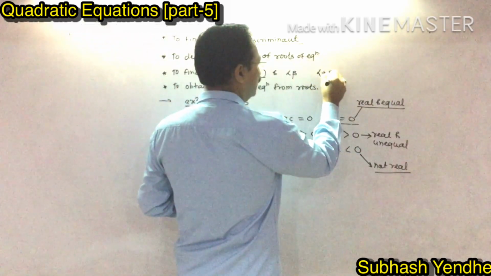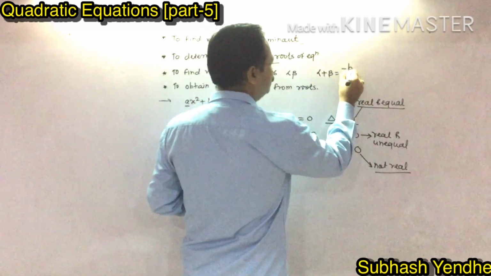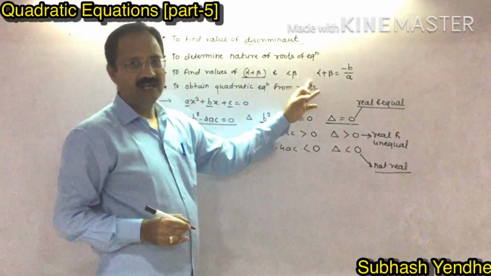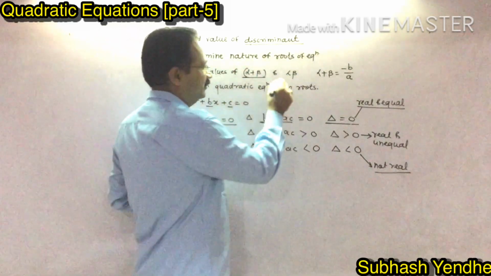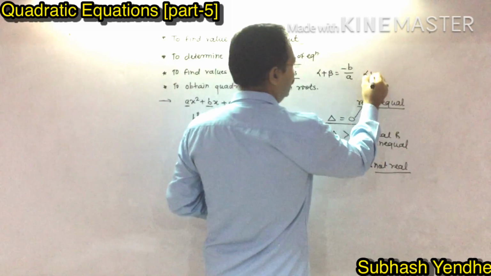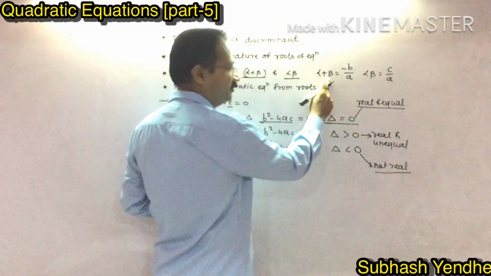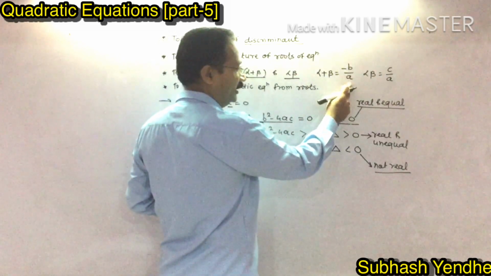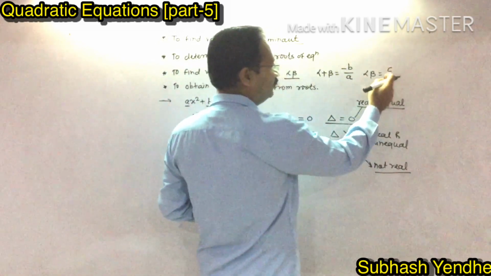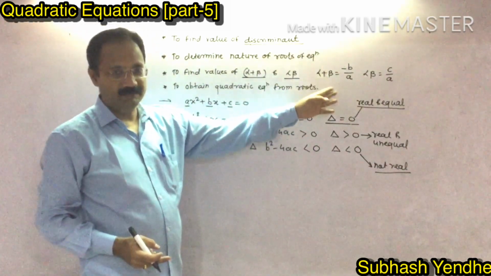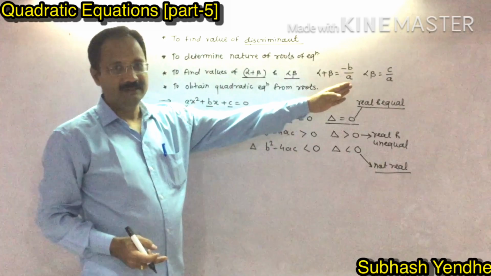Alpha plus beta equals to minus b upon a. This is the formula to find alpha plus beta. Then alpha beta equals to c upon a. Remember that alpha plus beta equals to minus b upon a, and alpha beta equals to c upon a. They will ask you to find the value of alpha plus beta and alpha beta.